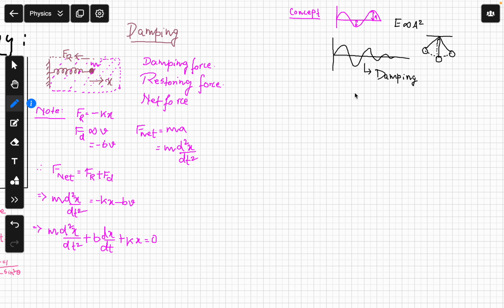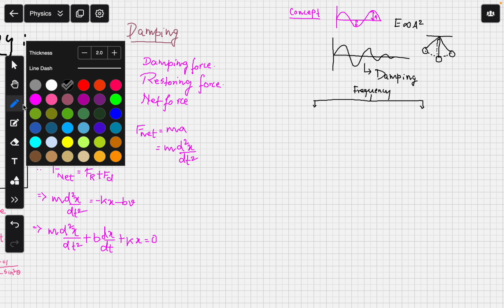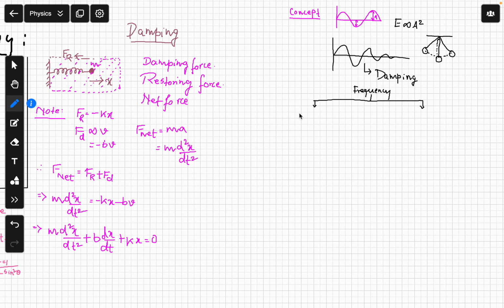Okay, so if we are talking about frequency, there are two kinds of frequencies. The first kind of frequency is actually called the natural frequency of the body. So any object will have its own natural frequency.